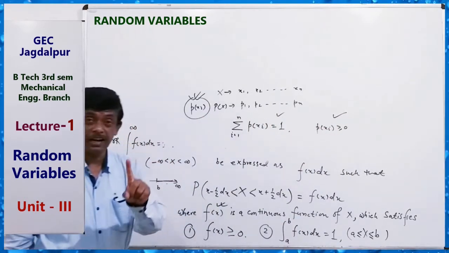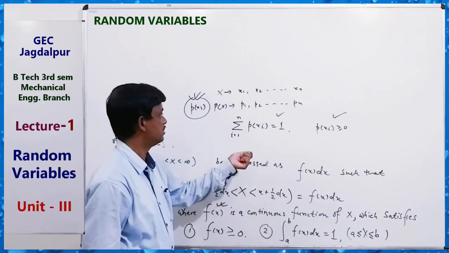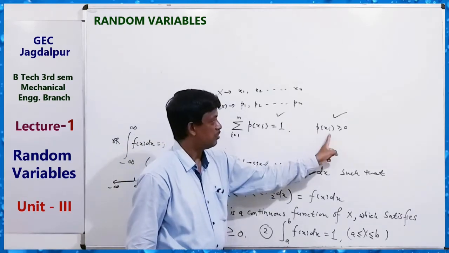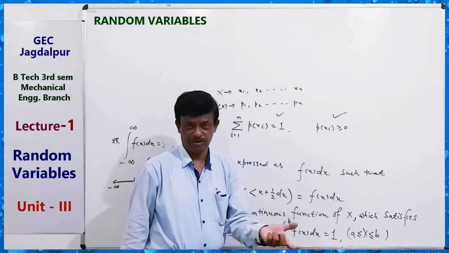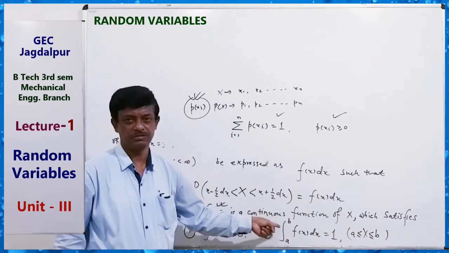For a discrete probability distribution, the sum of probabilities is 1 and probabilities are non-negative, that is positive. Same here for a continuous probability distribution.